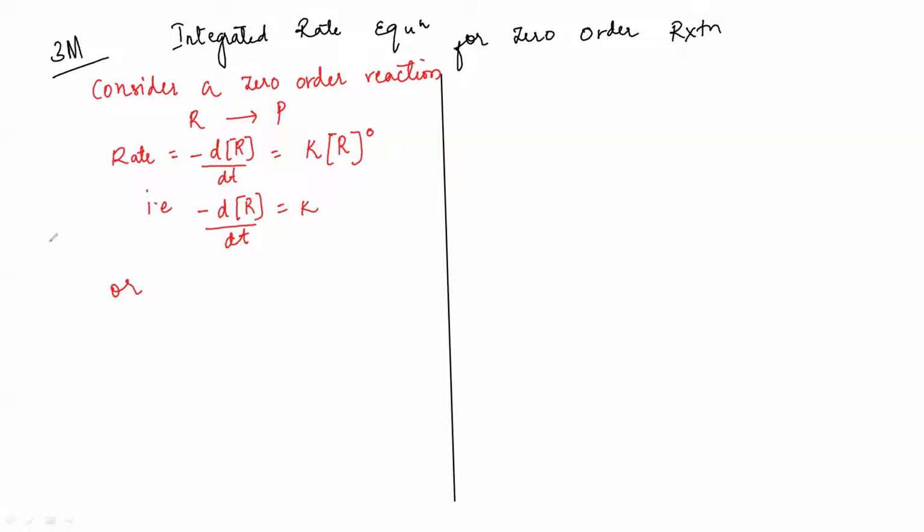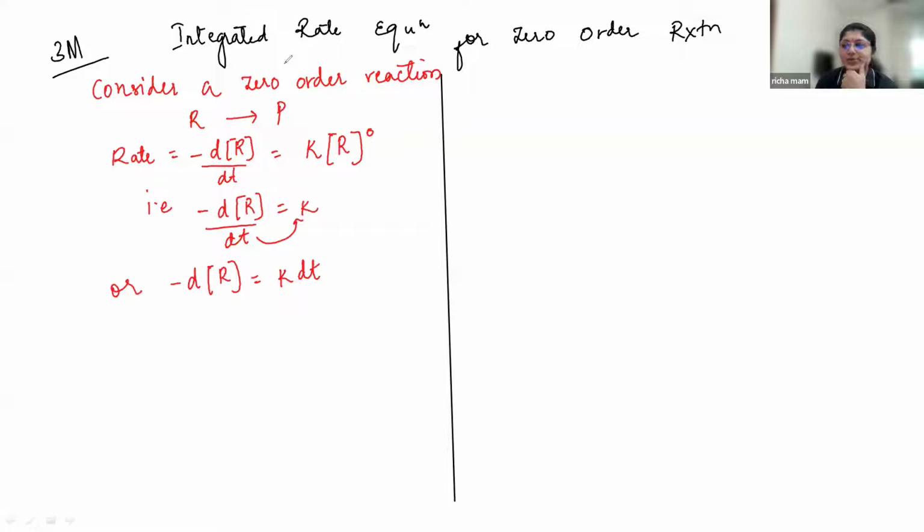It can also be written as minus dR equals k dt, that is, d of R equals minus k dt after shifting dt to this side. Is it clear up to here?